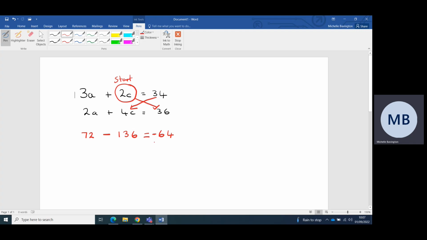Okay, right, I'll just put a line there, and then we start from here again, and we crisscross over. 2 times 2 is 4, minus, always a minus. And then we've got the 3 and the 4, which is minus 12. And that equals, again, 4 minus 12 will give you a minus 8.